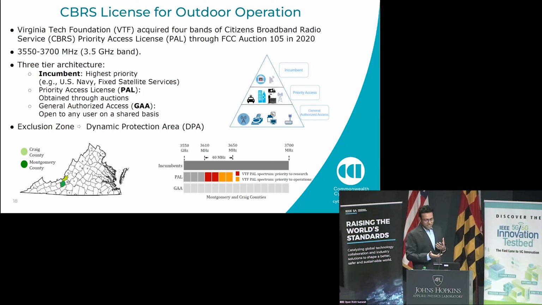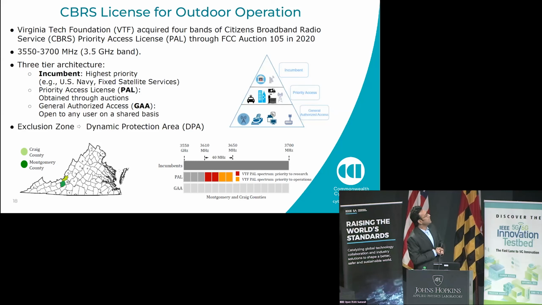The background of this testbed is that the Virginia Tech Foundation acquired four bands of 10 megahertz in the FCC auction in 2020, when the FCC gave out these CBRS bands. We got four chunks around two counties, Craig County and Montgomery County, from around 3.61 gigahertz to 3.65 gigahertz.